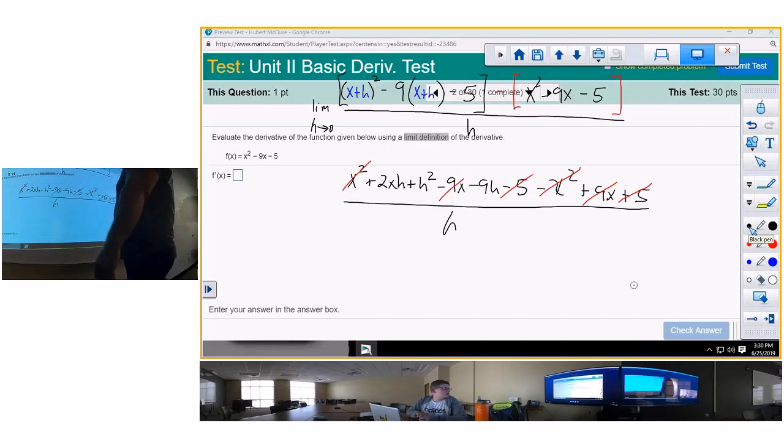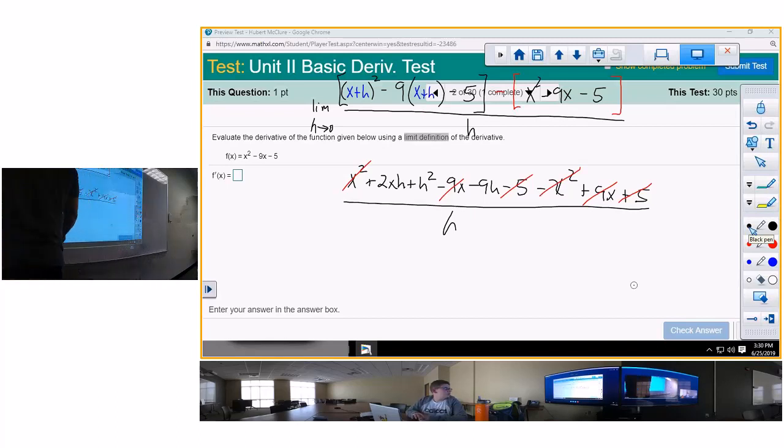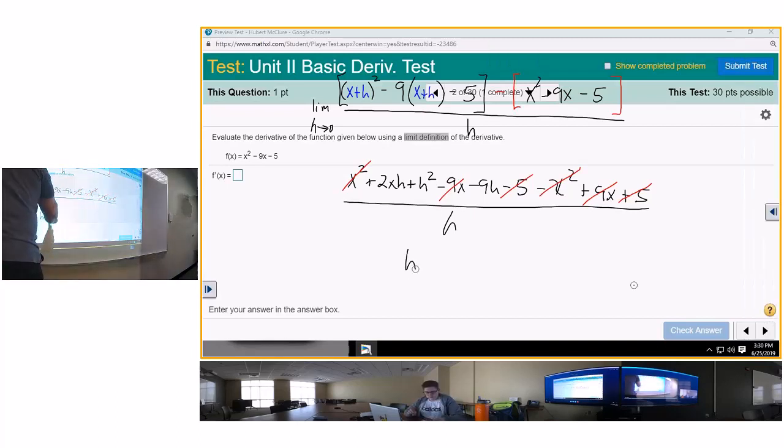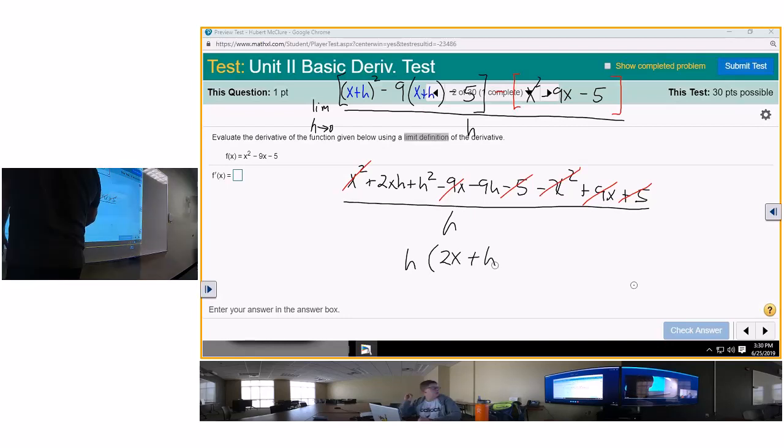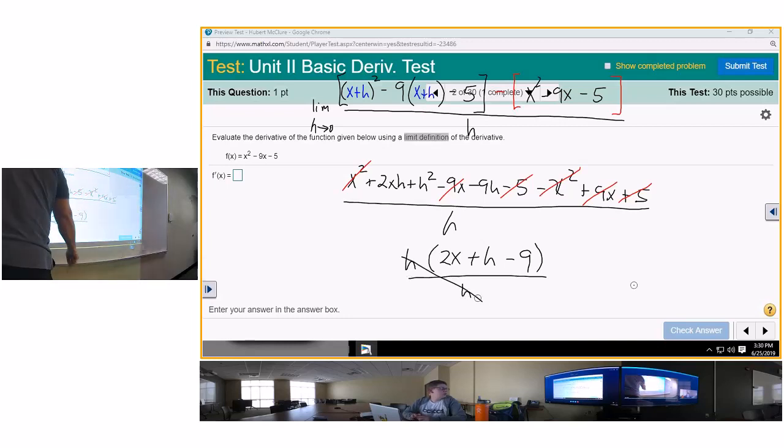So now we rewrite that, and I'm going to go ahead and pull out an h, and that's going to leave you with 2x plus h minus 9 over h, and those two go out.